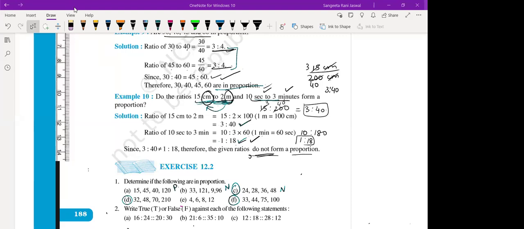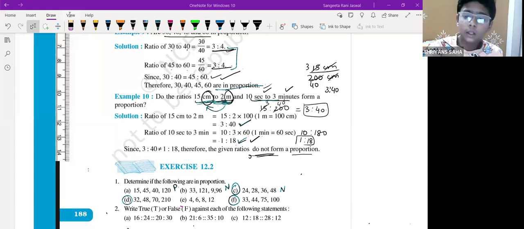Ma'am, it is in proportion. They are in proportion, yes, ma'am. F is in proportion. Ma'am, it's 3 is to 4. Okay. Ma'am, C bit, they are not in proportion.